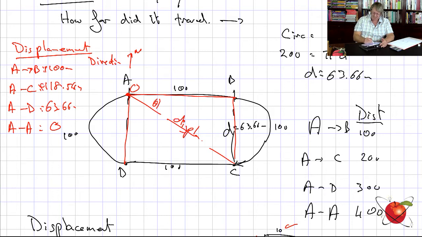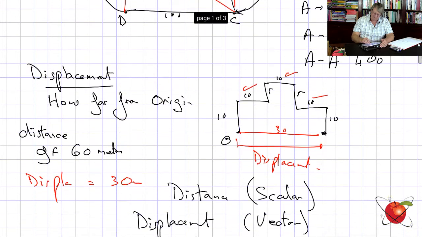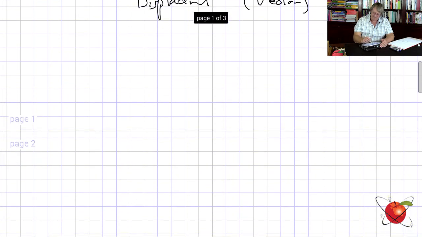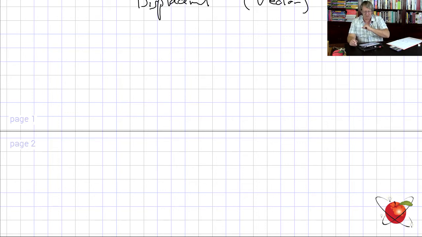Here is a negative. There is 0. Or this is east. That's going to be southeast-ish. That's going to be south. And that's going to be 0. Now, remember the displacement is a vector because it tells us a direction, but it tells us how far. It is magnitude and a direction.